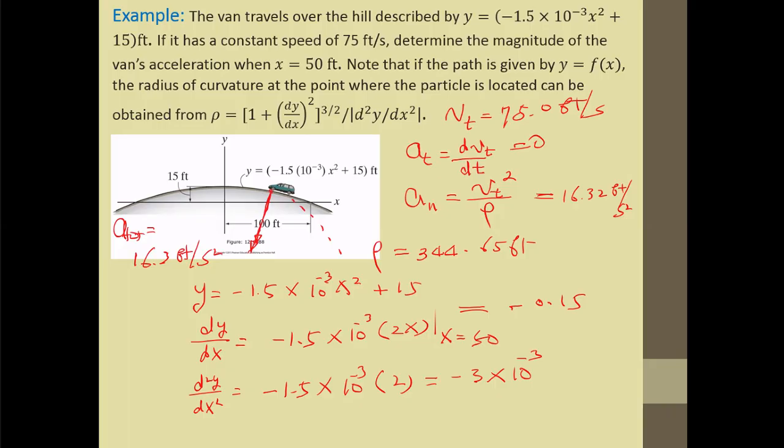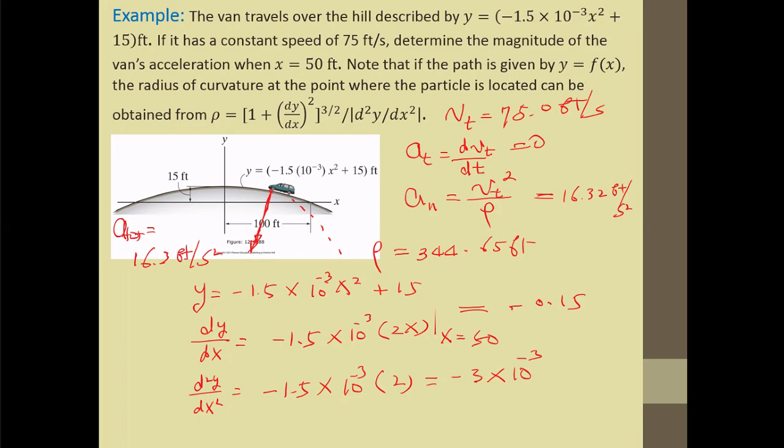That turns out to be negative 0.15. Take one more derivative, then the coefficient is the same, negative 1.5 times 10 to the negative 3. The derivative of 2x is 2. It turns out to be negative 3 times 10 to the negative 3. But remember, radius of curvature is a distance. Distance should be positive. In this case, the second derivative is negative.